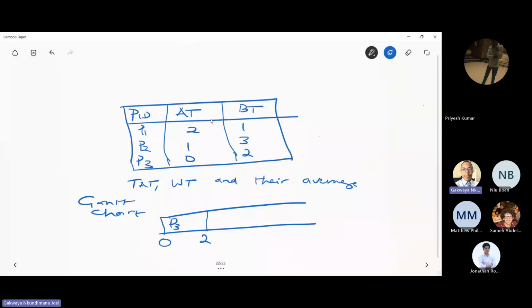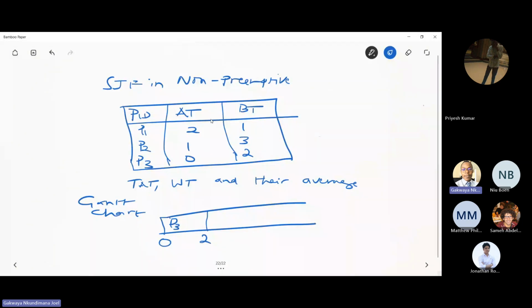Now, right from here, we look at the burst time. Remember, we are looking at shortest job first in non-preemptive. Now we look at which one has the earliest burst time. Which one? P1, right?